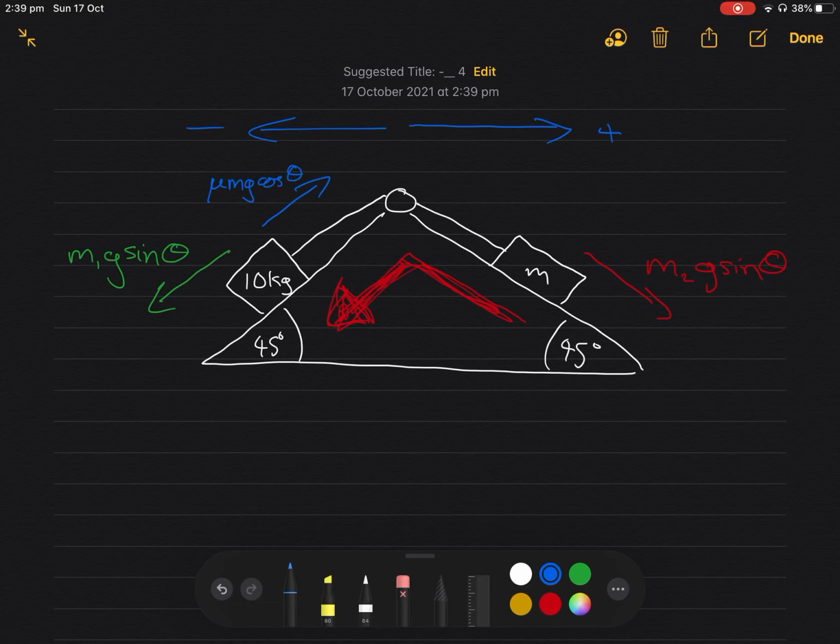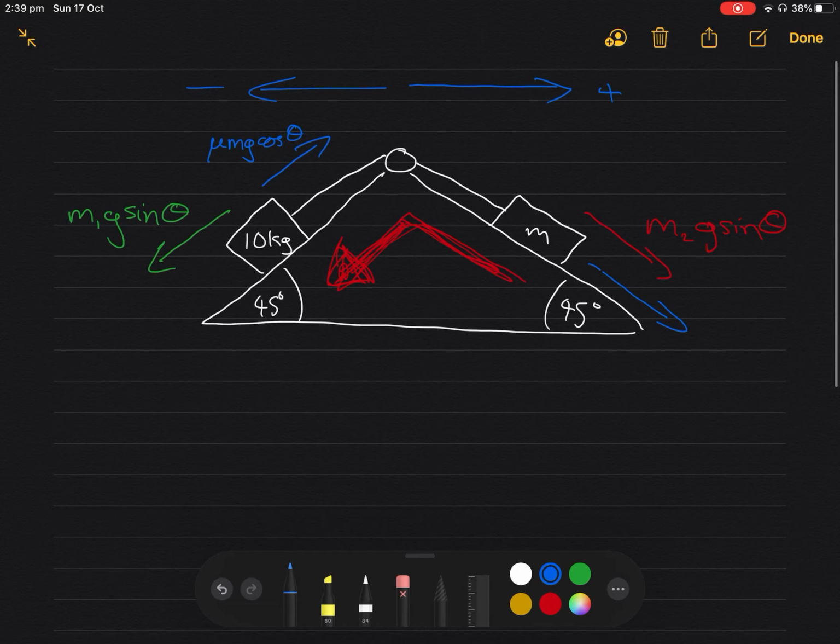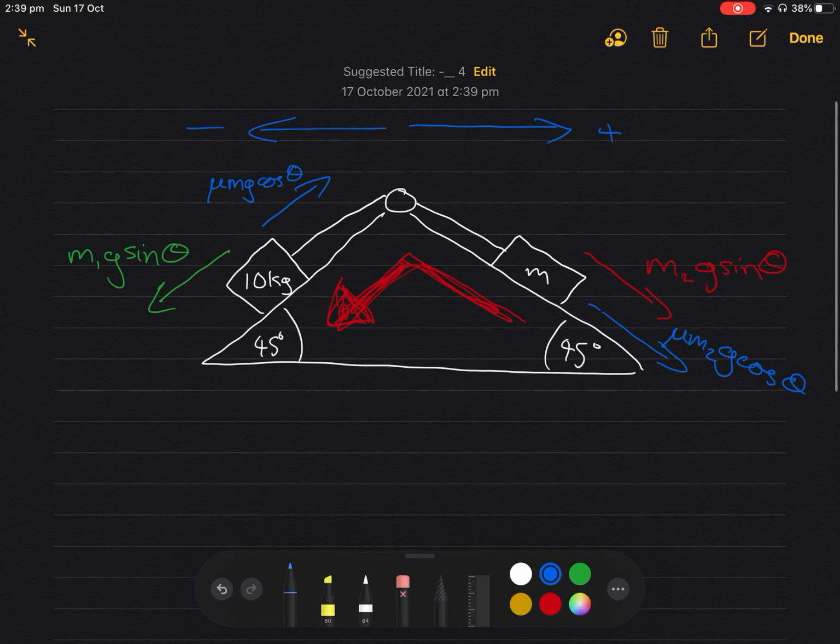Should have written m1, but you get the idea. And friction is still opposing the motion, which is in this direction. So here is mu m2 g cos theta. So you can see only the green force here is the negative one. Everything else is positive because they're all going towards the right.